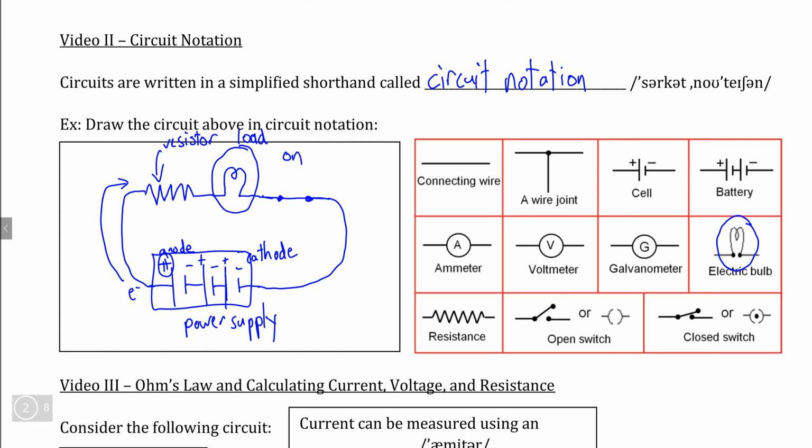And because our circuit breaker is in the on position, the electrons can keep flowing this way until they end up back at the cathode at the negative end of the battery.